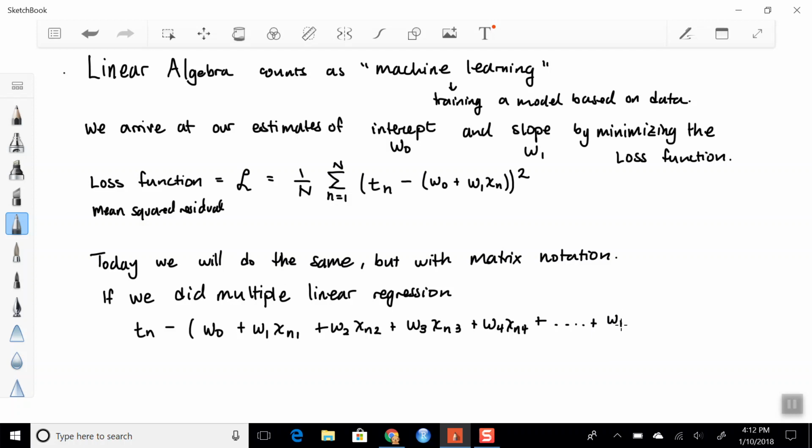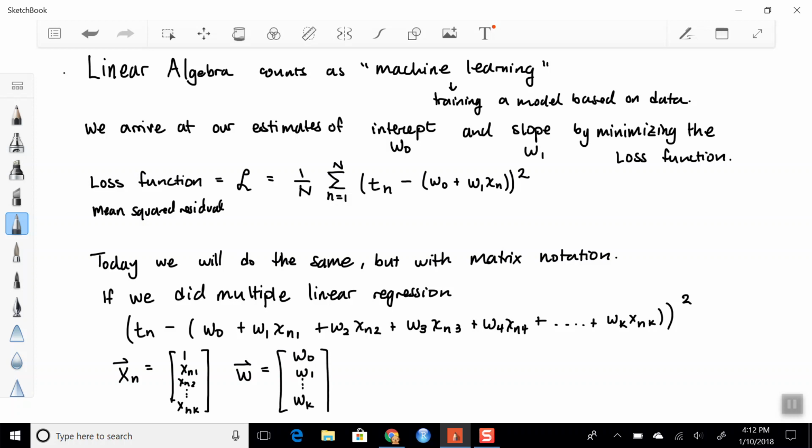So, up to wk xnk, all right? And instead, if we say the vector xn represents 1, xn1, xn2, dot, dot, dot, to xnk, and the vector w represents w0, w1, dot, dot, dot, all the way to wk, the above thing can just be t sub n minus the vector w transpose xn, okay?